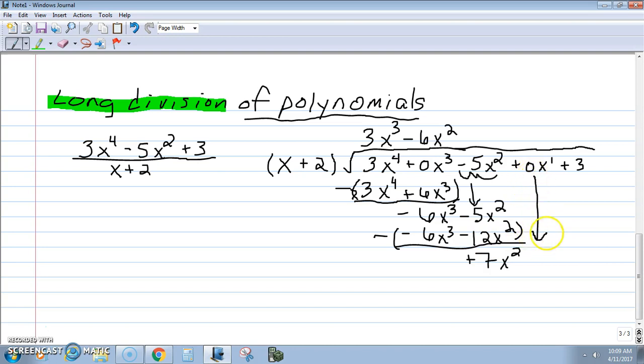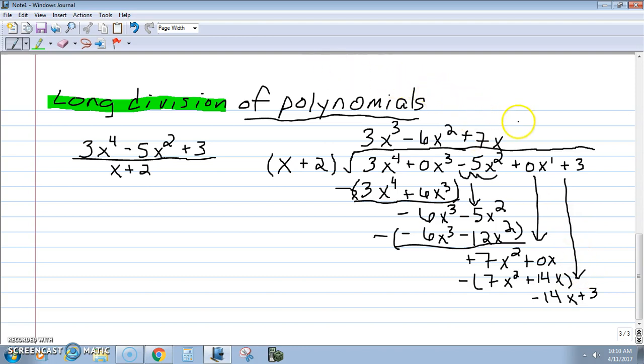Then bring down my plus 0x. So what can I multiply x by to get positive 7x squared? That's going to be positive 7x. Multiply it by 7x times x, you get 7x squared. 7x times 2 is positive 14x. Subtract both. Okay, and I have negative 14x plus 3, bringing that 3 down.